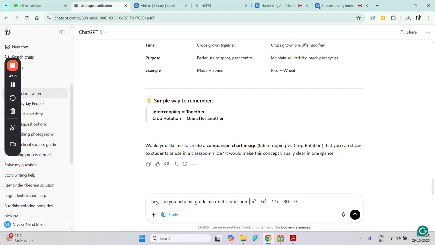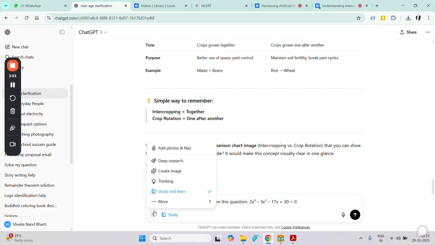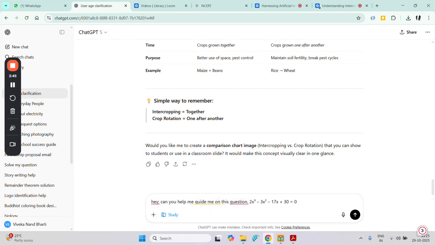It's not necessarily required to type the questions here. You can just take a screenshot, come here and paste it. See here, you can add photos or files. I will show you in the next example, okay?